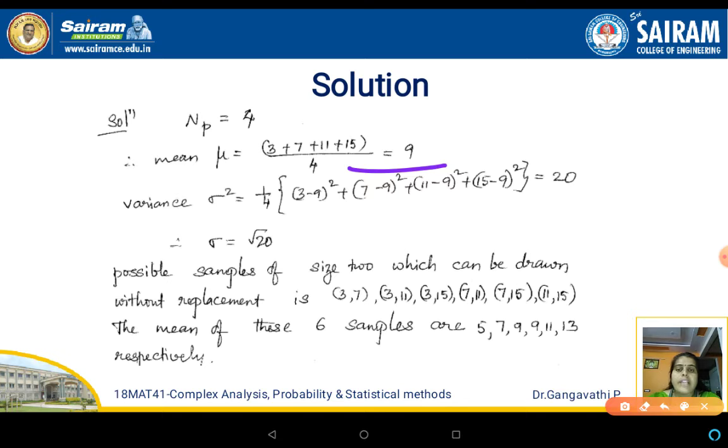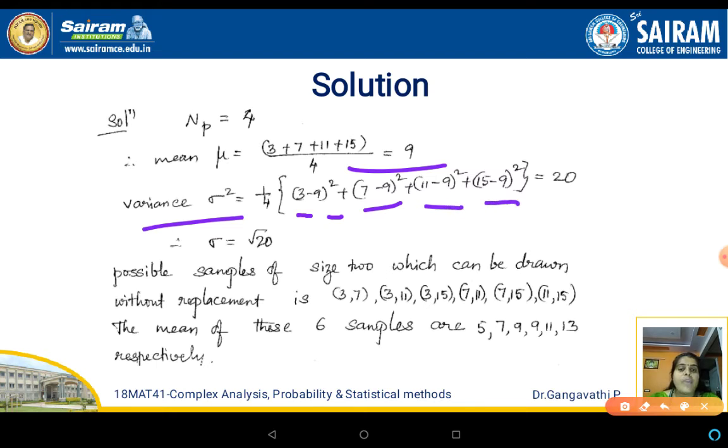So let us evaluate the variance now. Variance is sigma square, which is every member of the universe subtracted by the mean. The first element is 3 minus 9, that is mu, the mean which we have evaluated. Similarly, the second element minus the mean, the third element minus the mean, the fourth element minus the mean.